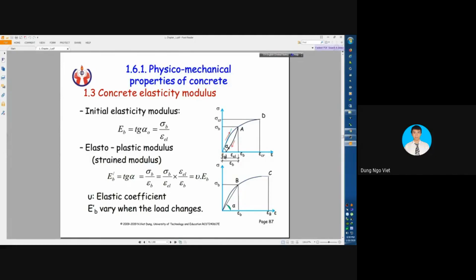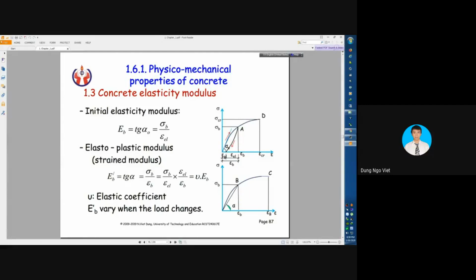Here, from the zero point, the origin of the coordinate, we draw a tangent line of the curve, and this tangent has an angle with the strain axis, an angle alpha 0.